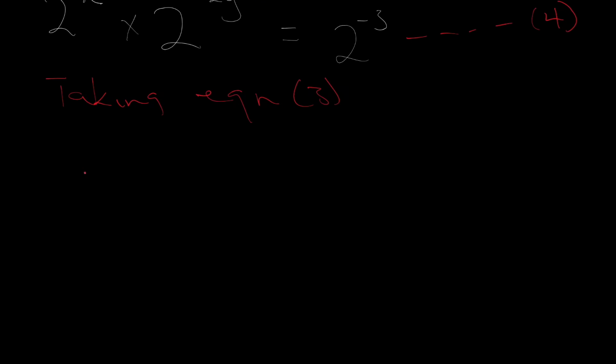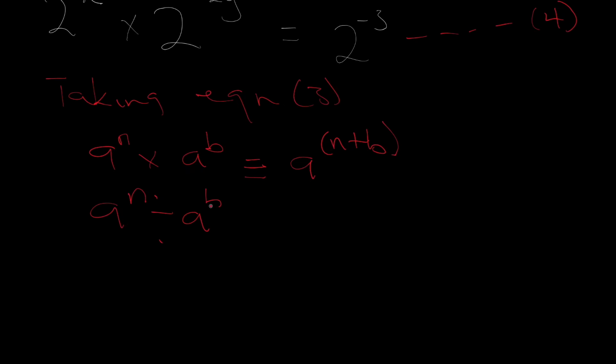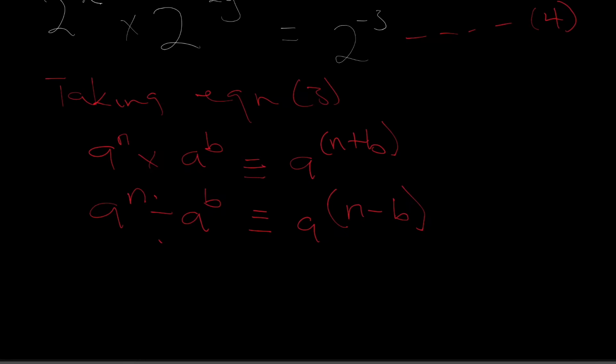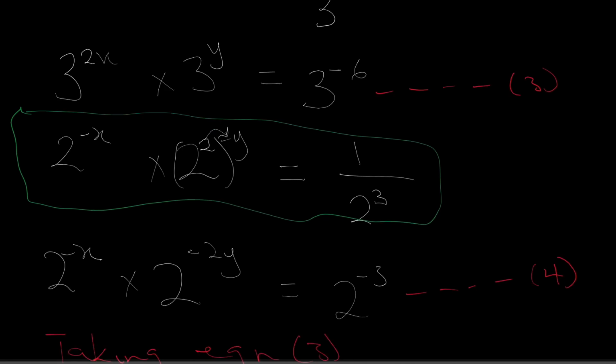So a to the power n times a to the power b can be written as a to the power n plus b. A to the power n divided by a to the power b can be written as a to the power n minus b. But in this case, we have multiplication, and so we add the exponents.